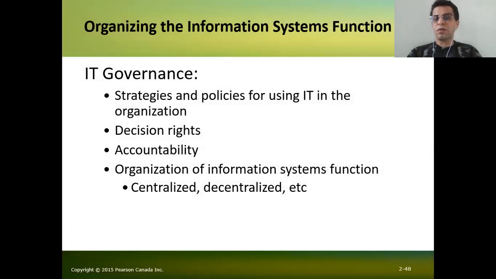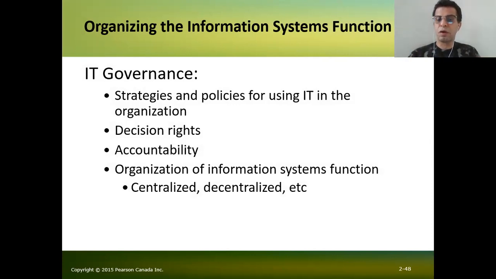Also, the organization's information system function falls within what they call IT governance, which is the strategy and policy for using IT in the organization. In the last class, I gave you an example of a small boat versus a big ship. Maneuvering a small boat is easy, but a big ship needs a strategy, and that strategy should match the strategy of the whole organization.